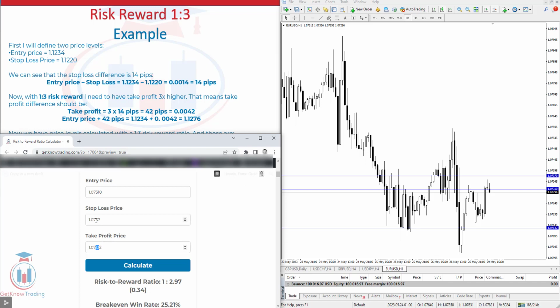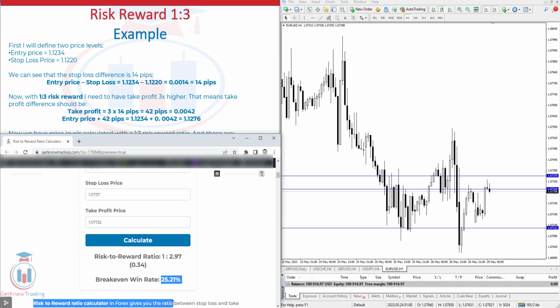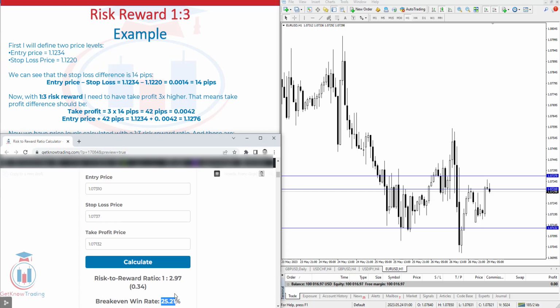So we have a difference of 6 pips, and we have a difference of around 18 pips, that is close to 3 times the difference, basically, because if you have 18 divided by 6, you get around the number 3. And then you have a break-even rate that tells you that around 25% of all trades that you open should be profitable just to be break-even.